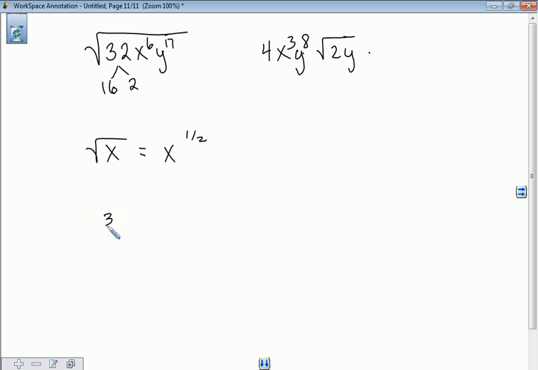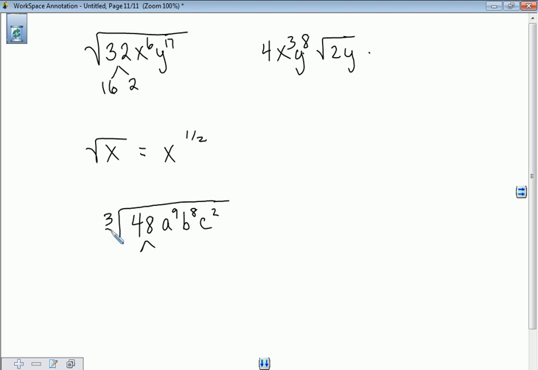Okay, let's do another one. What is a perfect cube that will divide into 48? 16 times 3? 16 is a perfect square, but this is a cubed root.